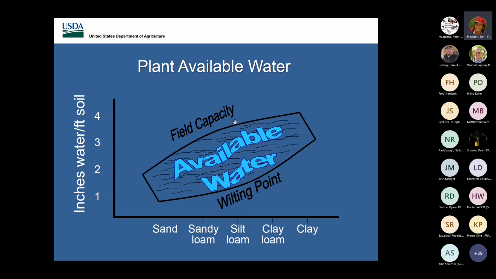In a silt loam, the difference between field capacity and wilting point is the greatest. And then sand is also a lower available water. So this is important. Soil texture can determine available water capacity, but you can manipulate that with organic matter and with good soil health practices.